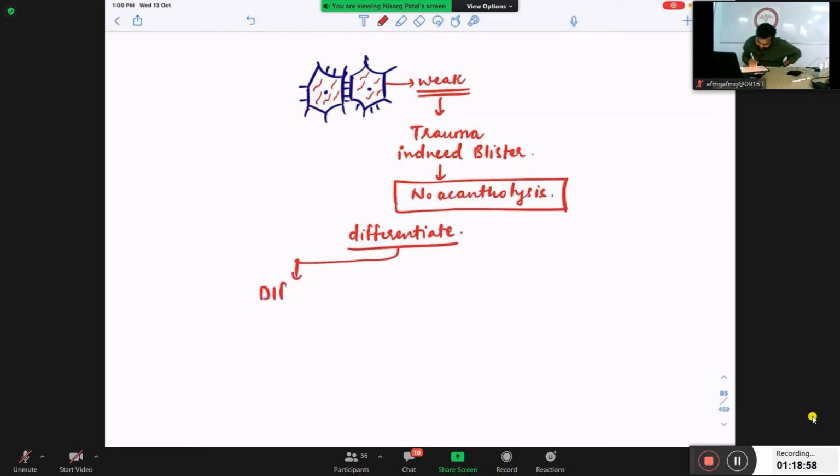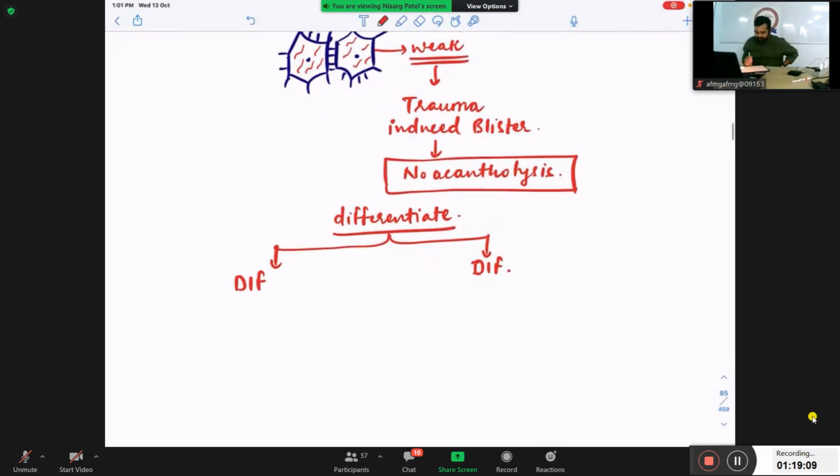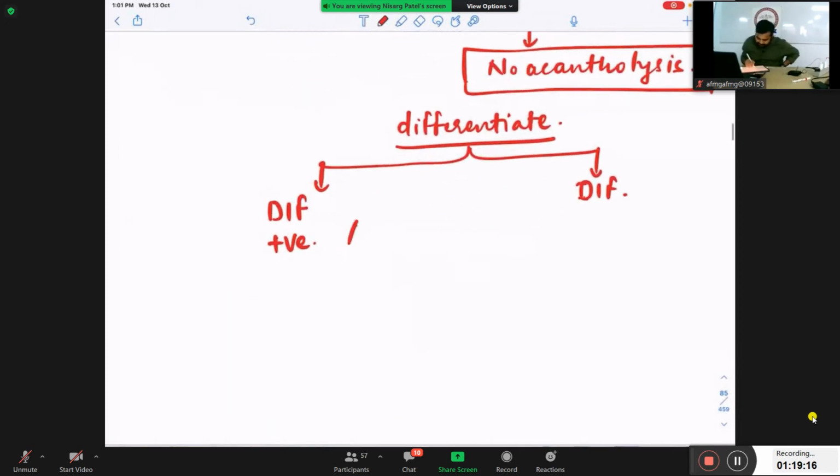I will do direct immunofluorescence. On direct immunofluorescence, if it is positive, so what is meaning the positive is, on my keratinocyte, which antibody is getting accumulated to destroy this desmosome?